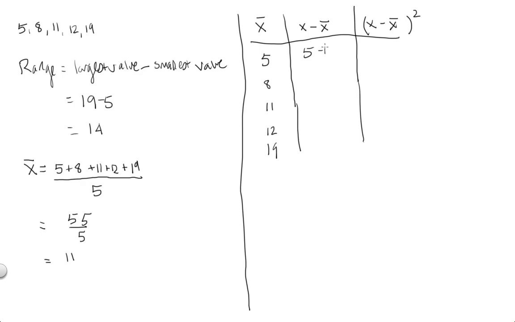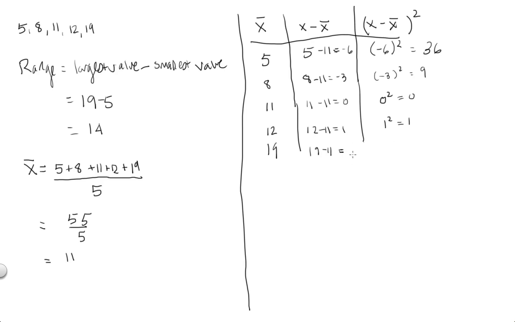5 minus 11 is negative 6. And be careful, don't square 6, square negative 6 to get 36. 8 minus 11 is negative 3. Negative 3 multiplied by negative 3 is positive 9. 11 minus 11 is 0. 0 multiplied by 0 is 0. 12 minus 11 is 1. 1 multiplied by 1 is 1. 19 minus 11 is 6.